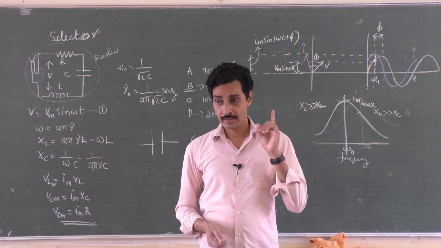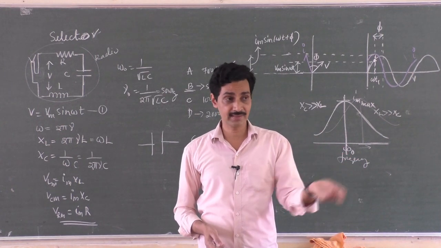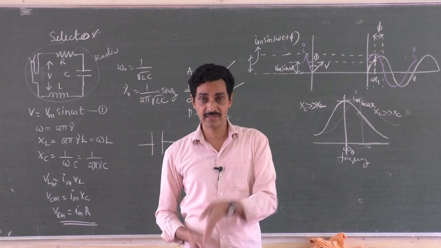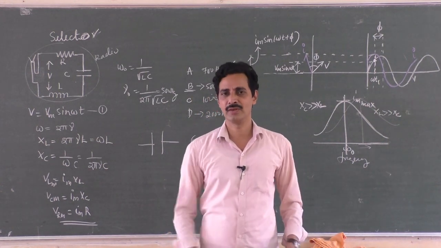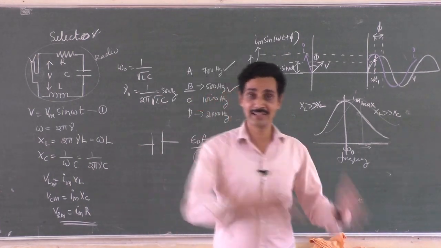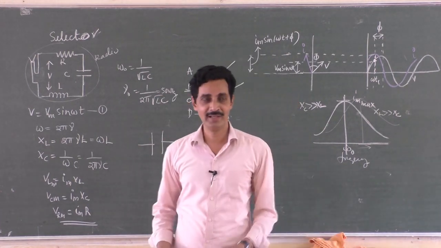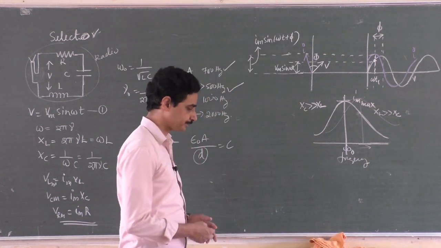It is the one whose signal frequency is the natural frequency, the resonance frequency, of the circuit. And if you want to receive other stations, you have to change the resonance frequency by changing the C value. Every time you can't remove a circuit and put in a new circuit. That is not possible. So you have to go on changing the capacitance only. That is one thing. Okay.